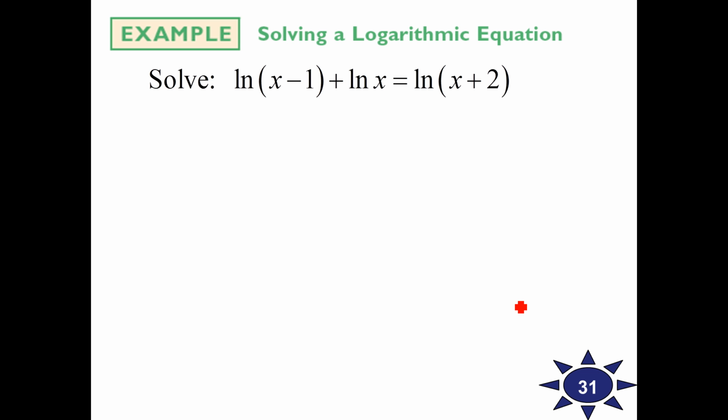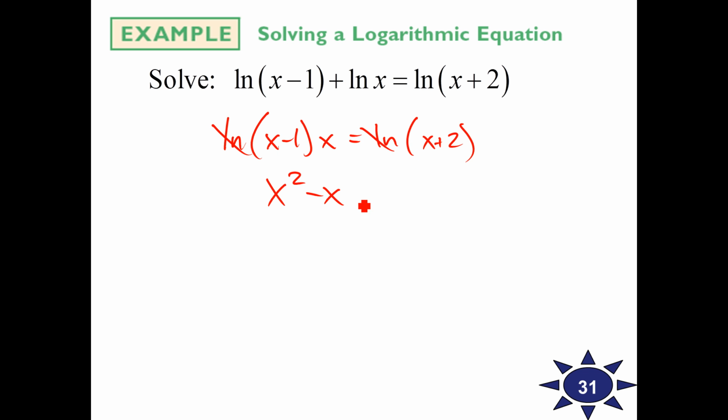Okay, let's try this situation here. Combine them. Natural log of (x minus 1) times x equals natural log of x plus 2. We're ready to cancel these natural logs, and so we've got x squared minus x equals x plus 2. Let's get 0 on one side, so x squared minus 2x minus 2 equals 0. At this point, we're going to need to use the quadratic formula.